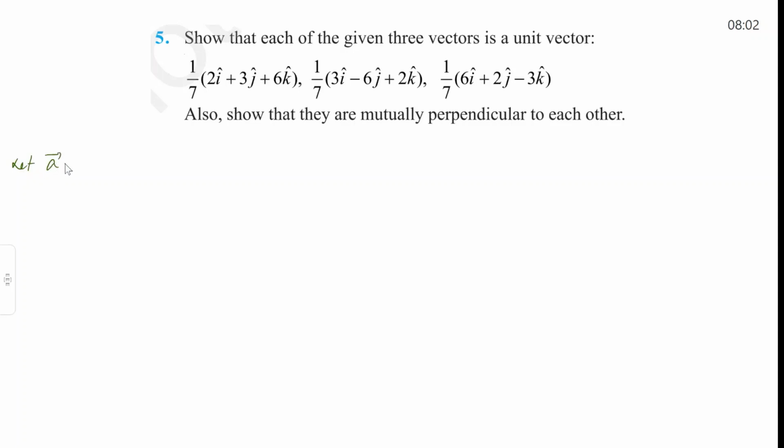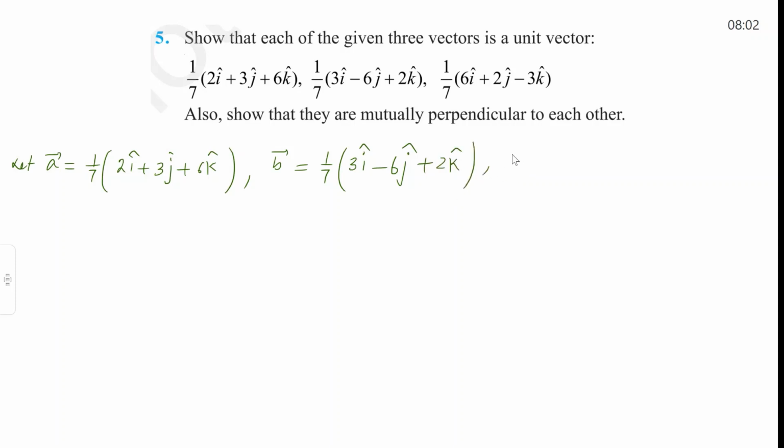Let A bar, this vector, be equal to the first one, 1 by 7 into 2i cap plus 3j cap plus 6k cap. Then take the second vector, B bar, equal to 1 by 7 into 3i cap minus 6j cap plus 2k cap, and then C bar equal to 1 over 7 whole into 6i cap plus 2j cap minus 3k cap. First take the modulus of each of these vectors.